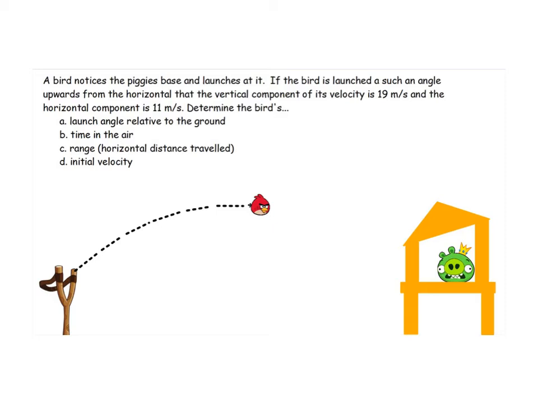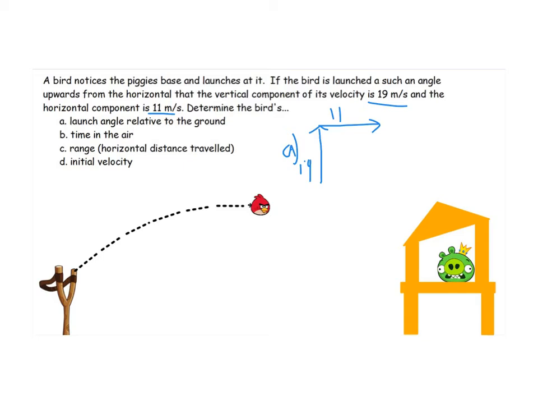It asks for the launch angle relative to the ground. To find that, it does give us some components. It gives us the initial vertical component and the initial horizontal component of the bird's velocity. So we have an initial vertical component of 19 meters per second and an initial horizontal component of 11 meters per second.